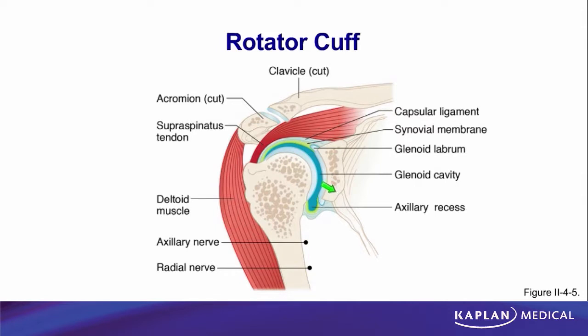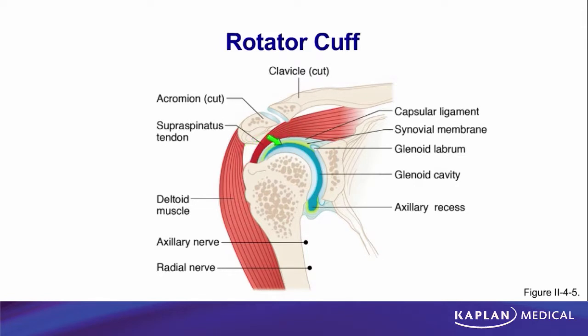And for the most part, it's the tendons that cross the shoulder joint, the tendons that collectively are called the rotator cuff tendons. There are 4 of them. Now on this diagram, we can see one of them, the supraspinatus. That's one of the rotator cuff. It crosses over the top of the joint, and then its tendon will blend in with the joint capsule, reinforcing the top of the joint and adding stability.